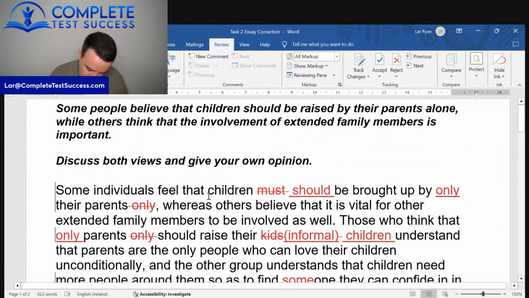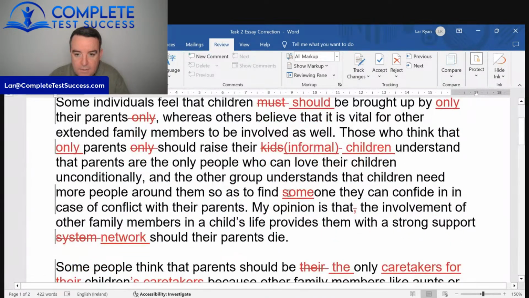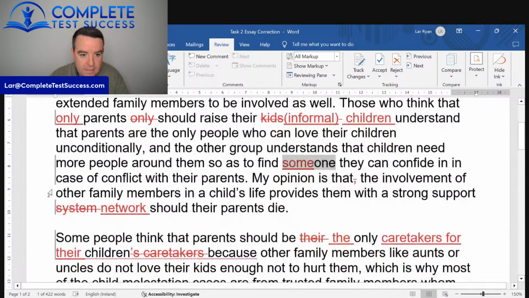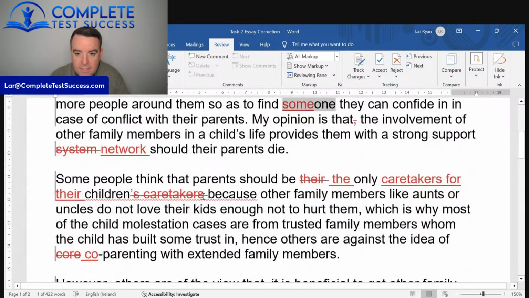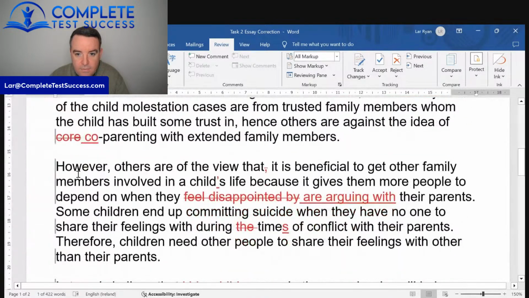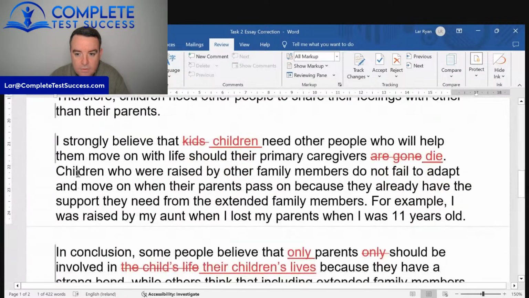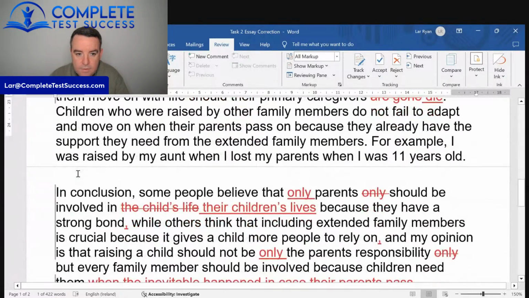Okay, so coherence and cohesion. We had one mistake there with that someone, so that referencing mistake there, another pronoun mistake here, there, and yeah, I mean, that's it.